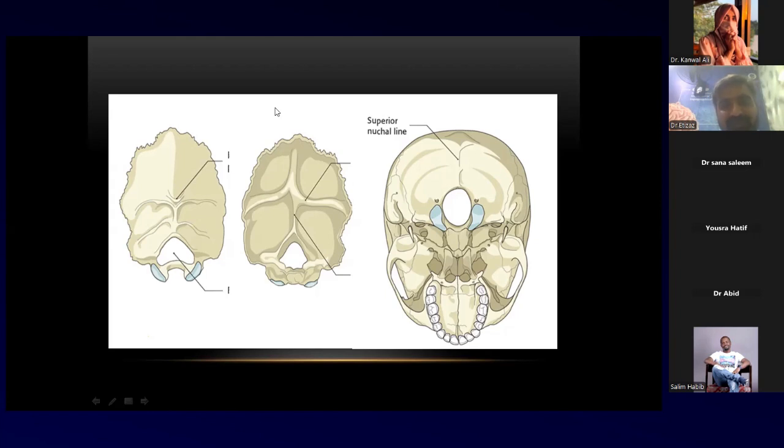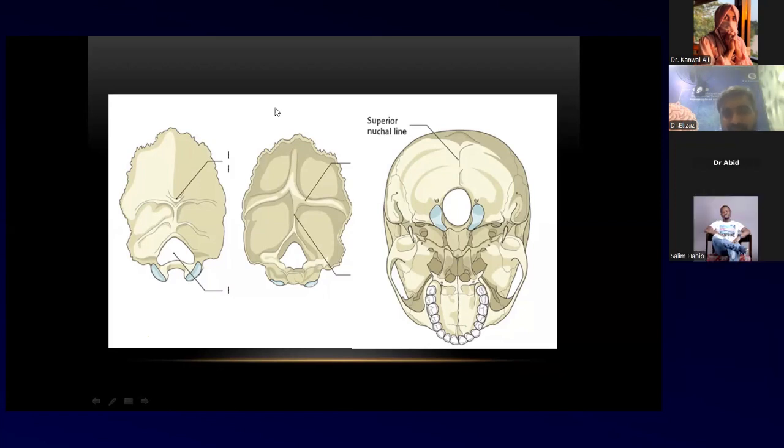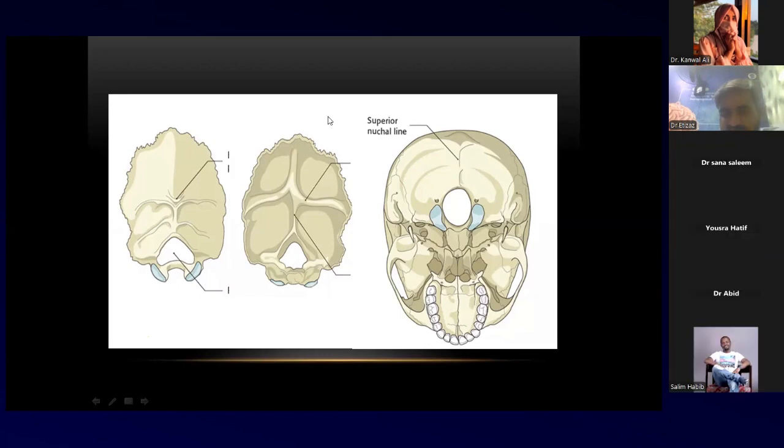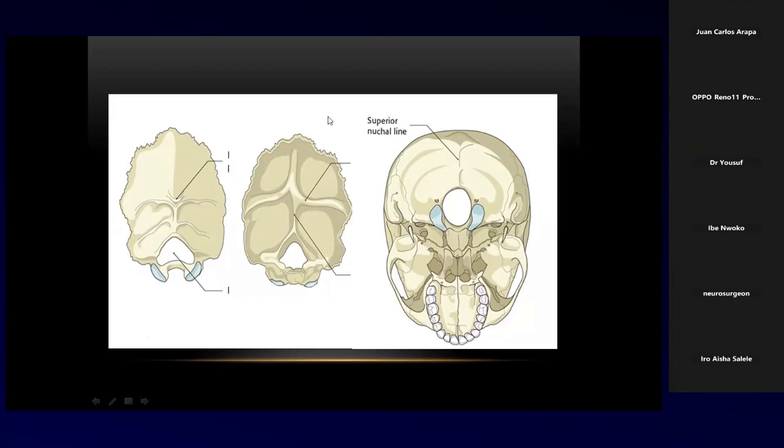Irreducible atlantoaxial dislocation. So one indication is post-traumatic ligamentous injury with unstable ligaments, and second, atlanto-occipital dislocation. What are the other indications? Can we do OC fusion only in post-traumatic patients?